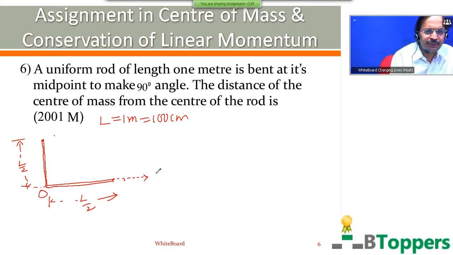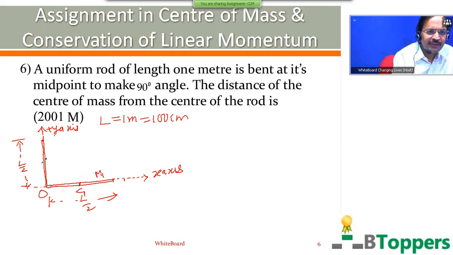We choose the center of the rod as origin. We choose the x-axis along one part of the rod, half the length of the rod, and y-axis along the other part of the rod. The center of mass of the first part of the rod lies at the geometric center of the first part, denoted by C1.